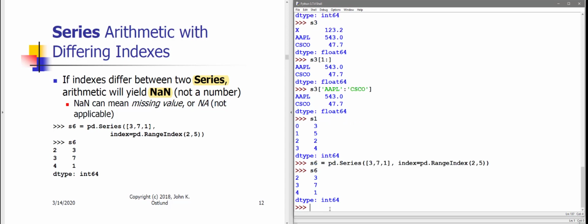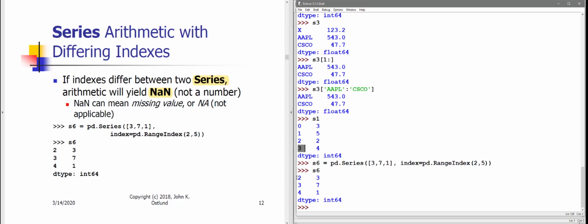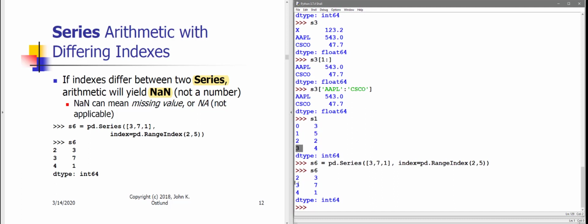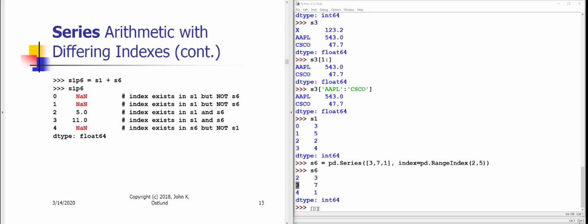So we can see that S1 has integer indexes, S6 has integer indexes. There's some overlap. Both of them have indexes of 2 and 3. So both of these series have indexes 2 and 3, but S1 has 0 and 1, and S6 has 4. It turns out if I add these together, here I'm going to create a new series, S1P6.